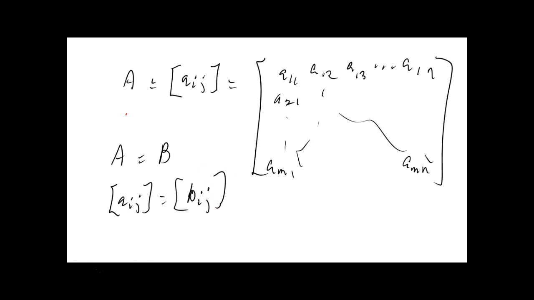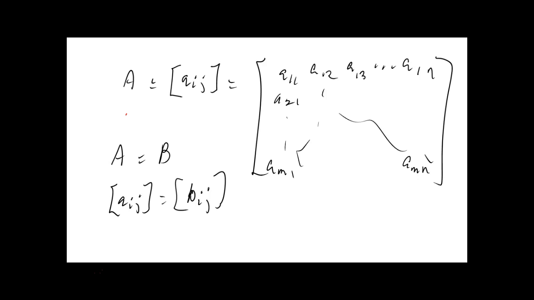Now, what does that imply? Number one, they have to be the same size. Pretty obvious. If this is an m by n, this had better be an m by n. You can't talk about equality of matrices otherwise. So the i's and the j's must be going from 1 to m and 1 to n. But not only that, just being the same size doesn't work. A73 has got to equal B73.